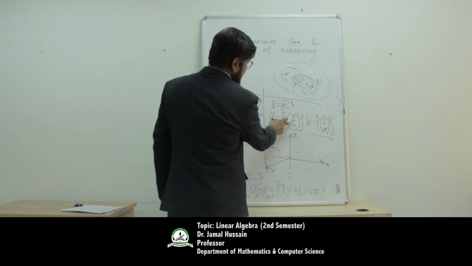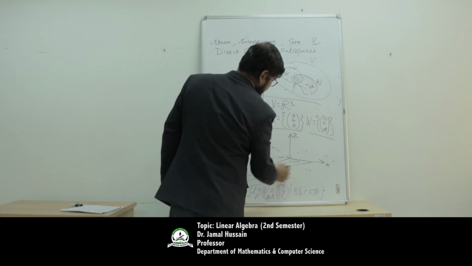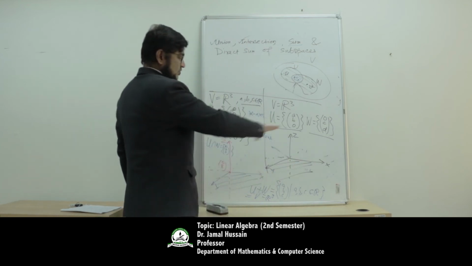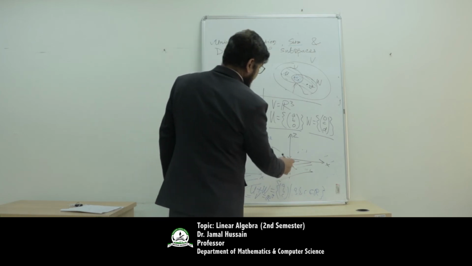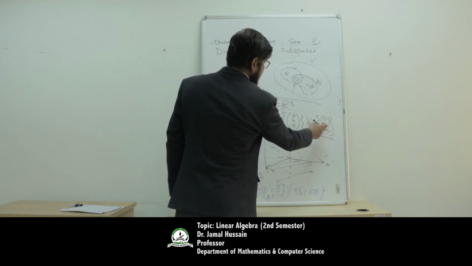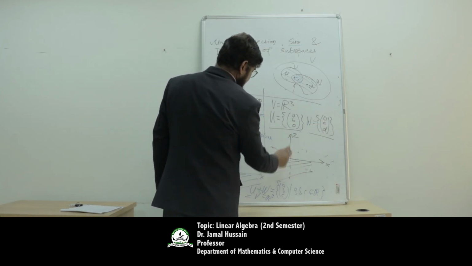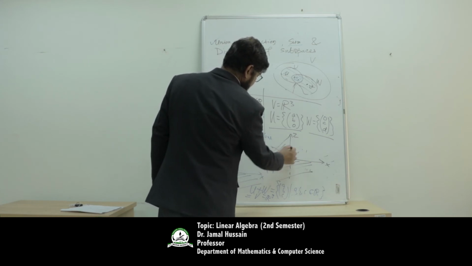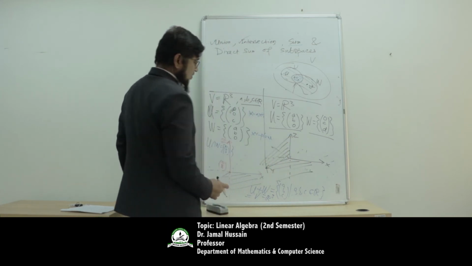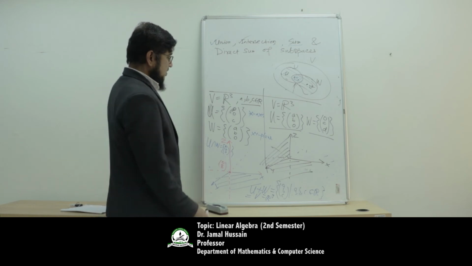U has x and y, so it is the xy plane, and then W is the yz plane, y and z, which is this part, only the positive quadrant if we consider.